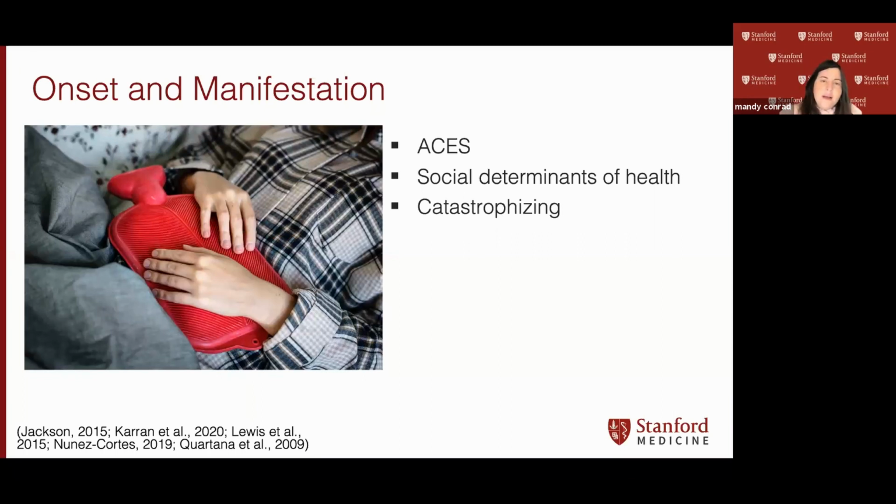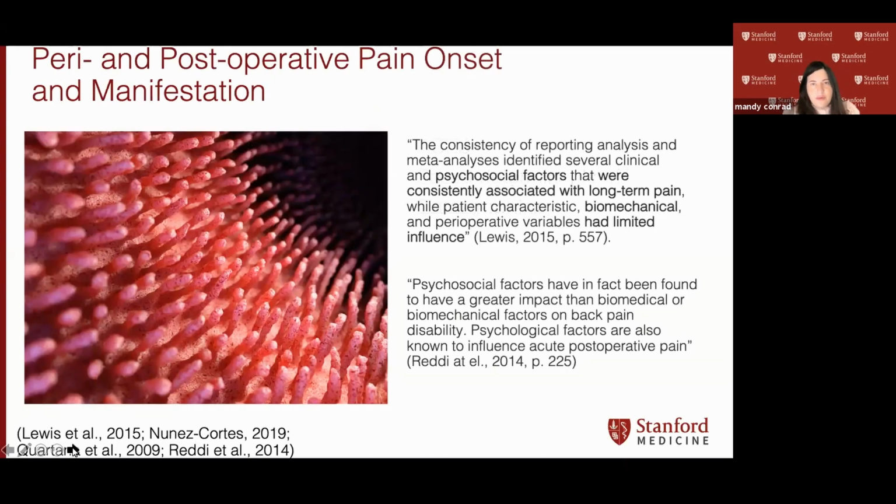No. In addition, if we look at post-operative situations, or if someone is having surgery or undergoing an intervention, I've put some quotes here from research so you can take a look. Basically, people are finding that higher levels of catastrophizing, or even feeling depressed or anxious, can influence someone's development of chronic pain and prolonged opioid use if it's not addressed.